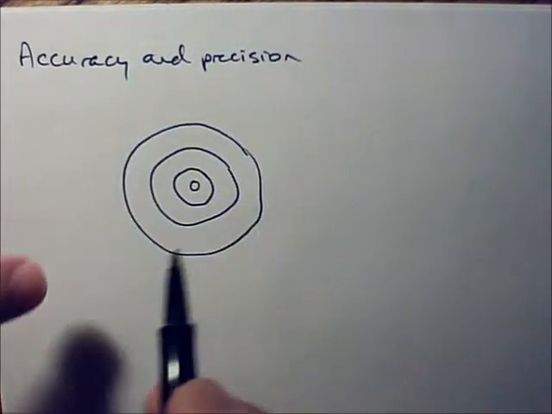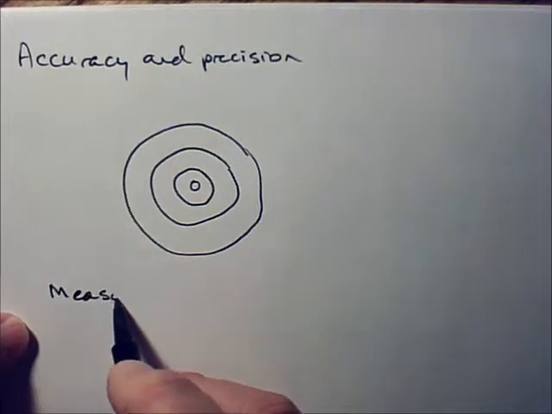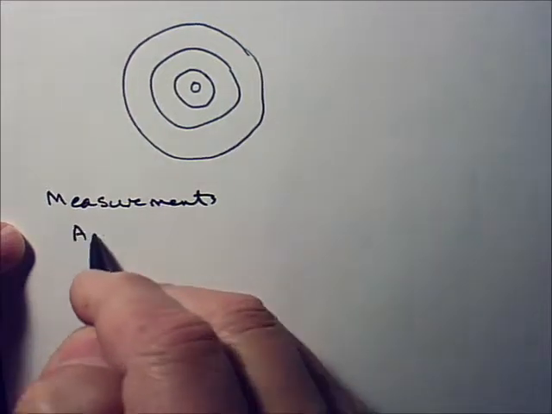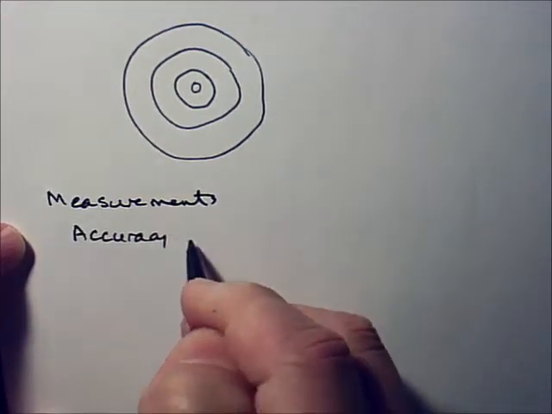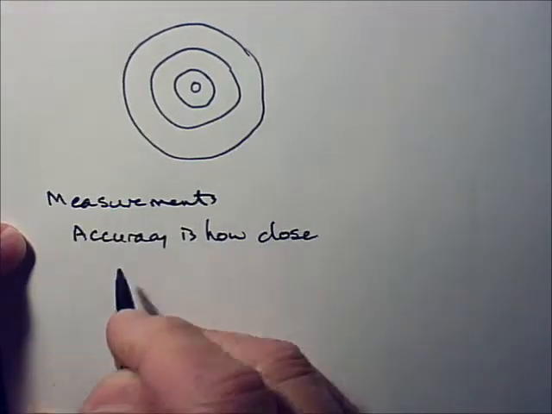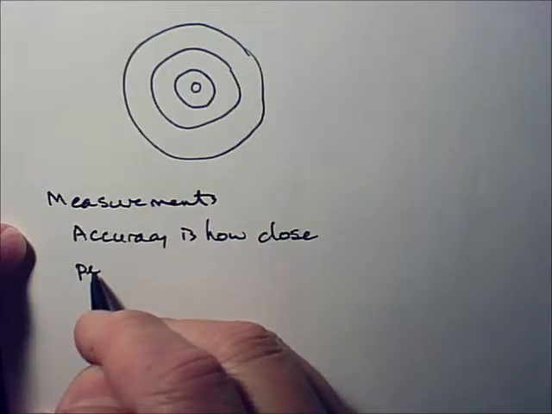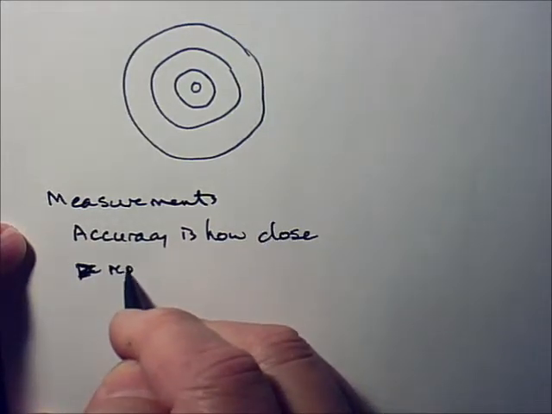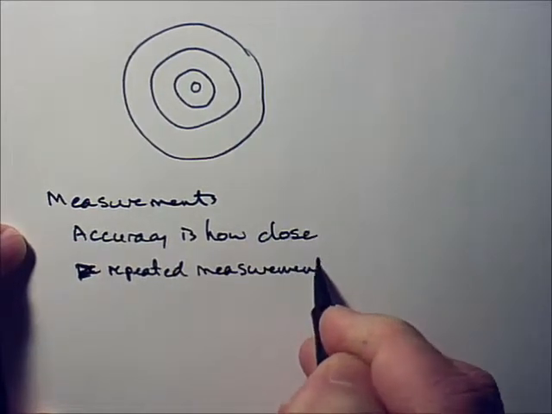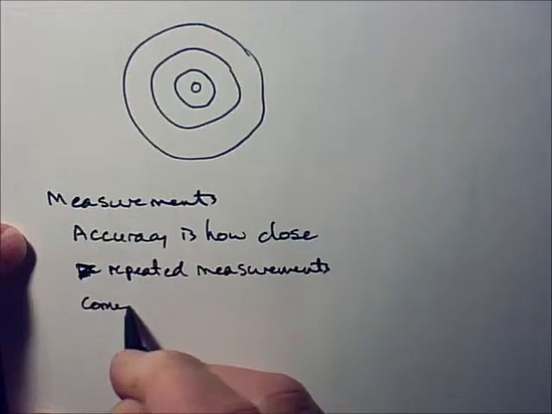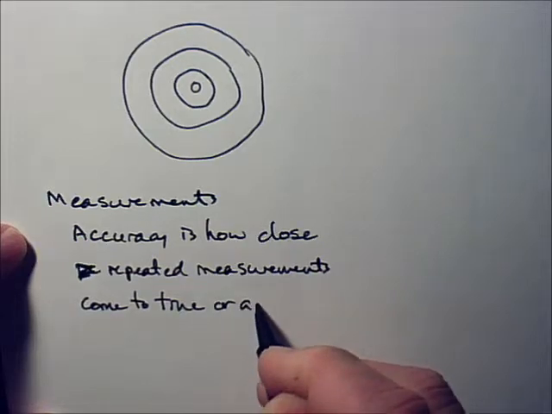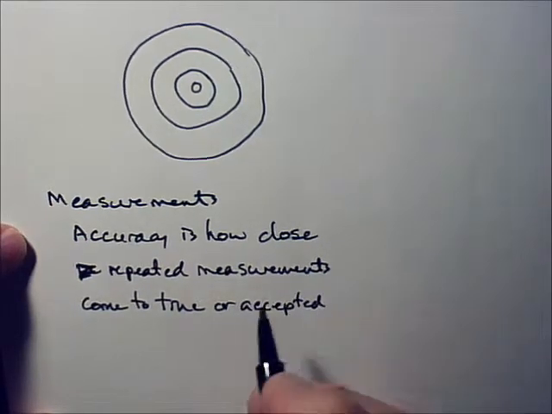So accuracy when it comes to measurements, accuracy is how close, let's say, repeated measurements come to the true or accepted value.